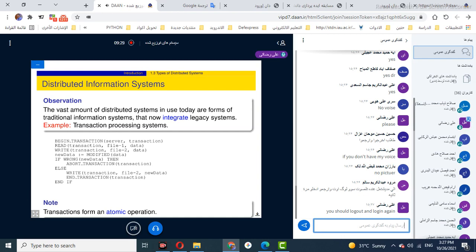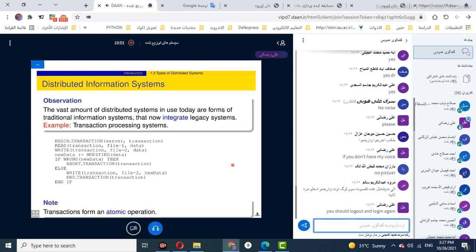So, in distributed information systems, as its name indicates, the focus is on information. And what we mean by information and what operations we want to perform on information is usually two categories. Let me write it on the board.